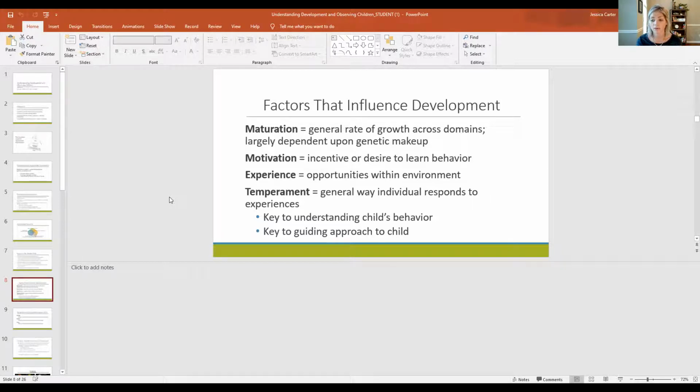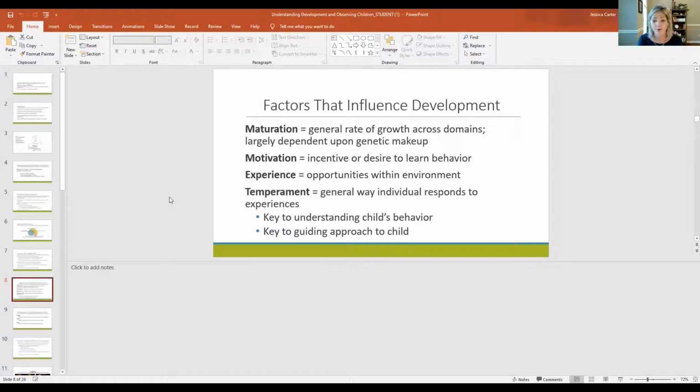So, we understand that things like the intensity and the duration of a child's reaction, how they approach new experiences. As I said, if they're slow to warm, we're going to approach that differently than the child who's very outgoing. Their general mood, are they mostly happy, or are they more of a quiet, reserved, not so happy child?